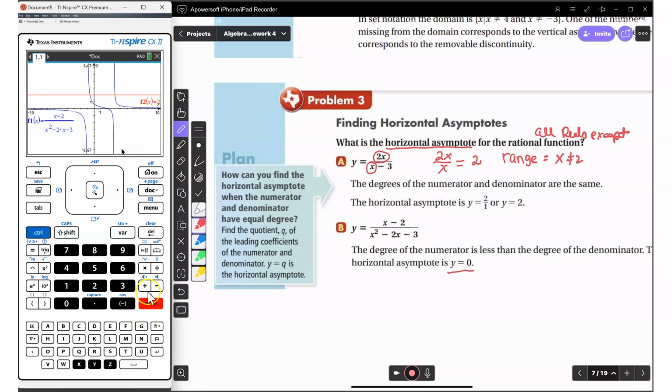Enter. And you notice you can see our vertical asymptotes. One of them is at x equals negative 1, and we have x equals 3, but the horizontal asymptote, if I were to go to tab, you know that it would have to be 0, and you can see that here. You see the 0? So that's true.